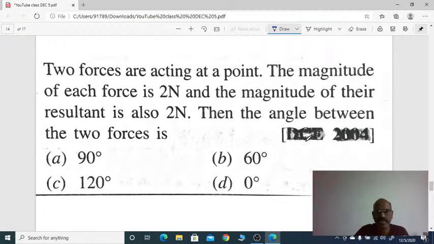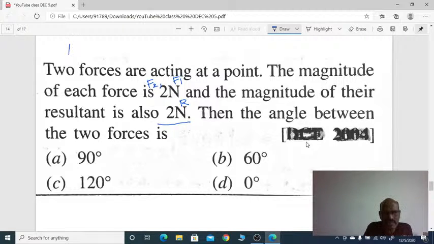Two forces are acting at a point. The magnitude of each force is 2 Newton. The magnitude of the resultant is 2 Newton. Then what is the angle between them? See that F1, F2, and this is the resultant R. Each force is given as 2 Newton.